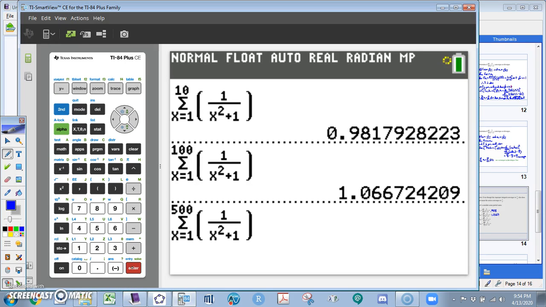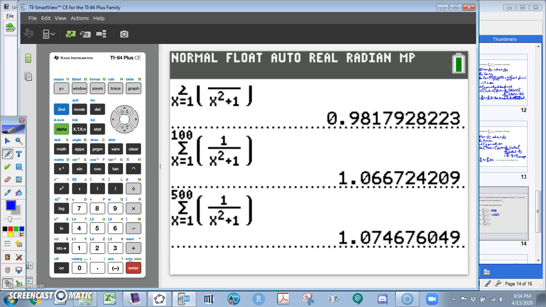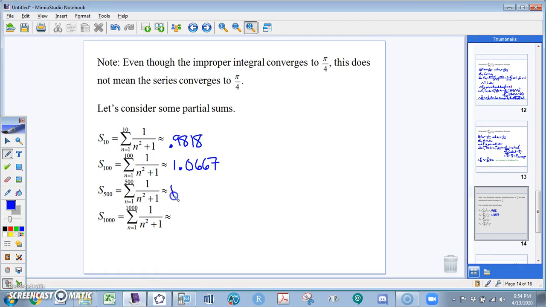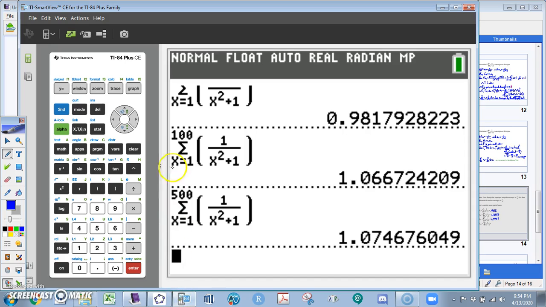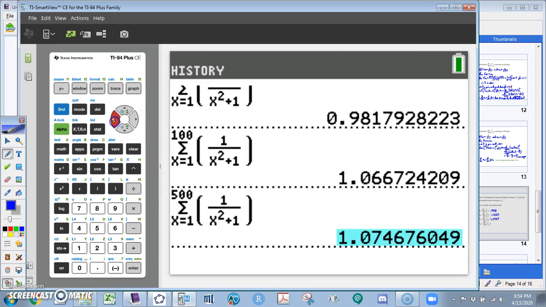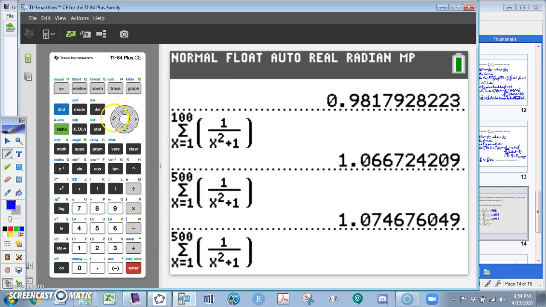It's going to take the calculator a little bit of time here. I get 1.0747. And now let's try 1,000.